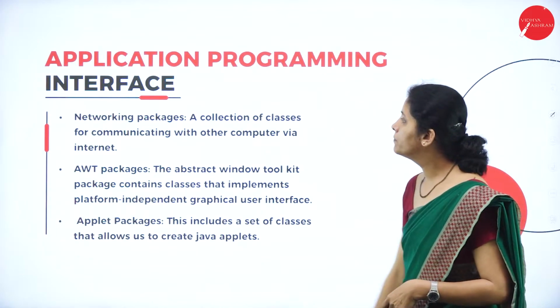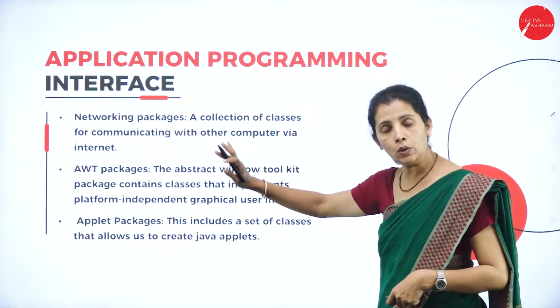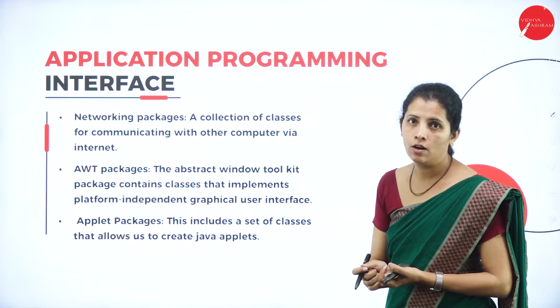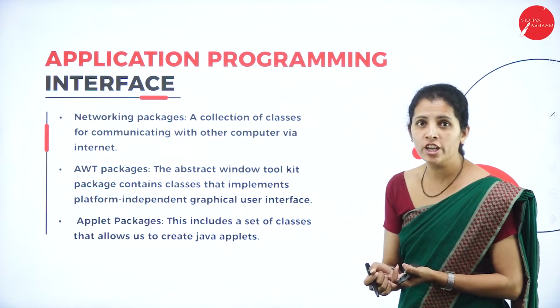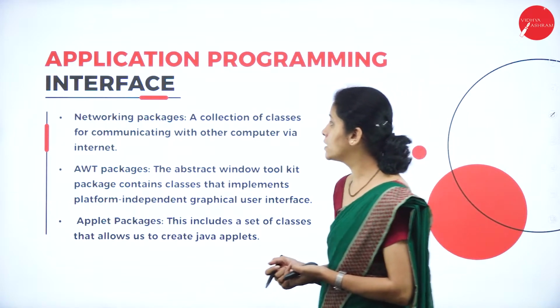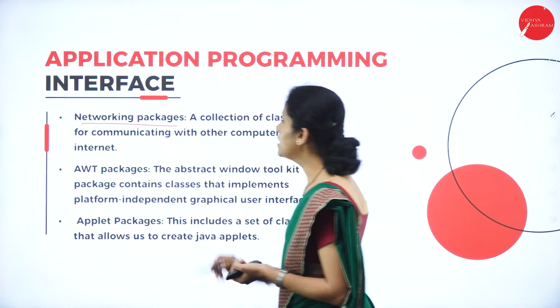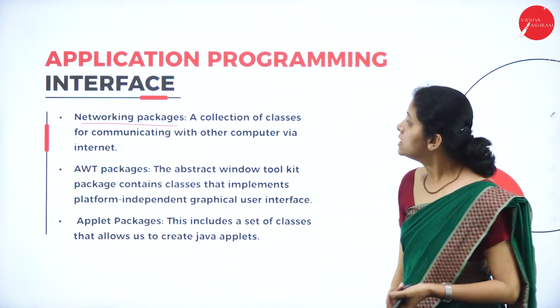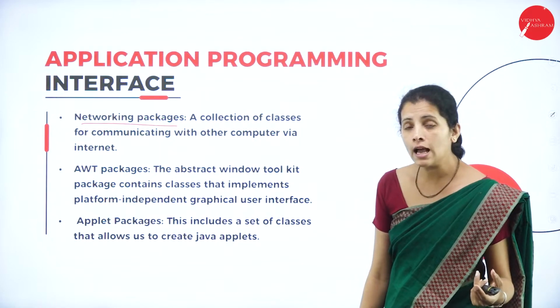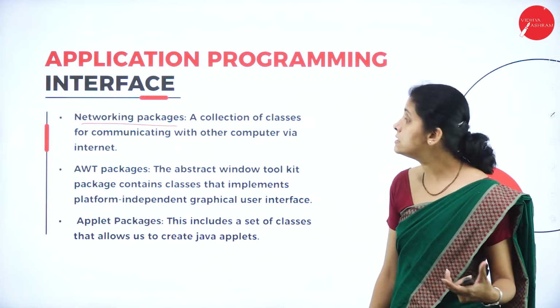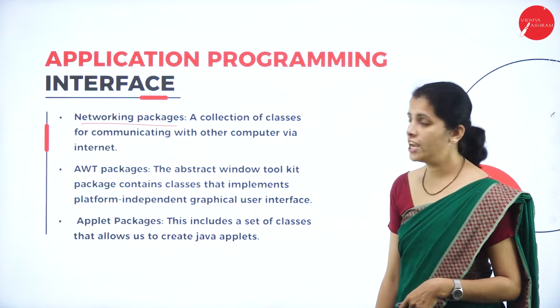Now, if I want to include any networking operations, that means if two systems want to communicate with each other, then I require the networking package. So this networking package includes thousands of classes as well as methods as well as packages.